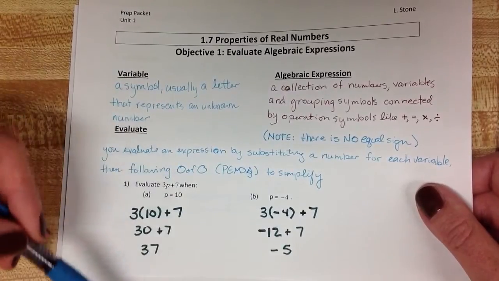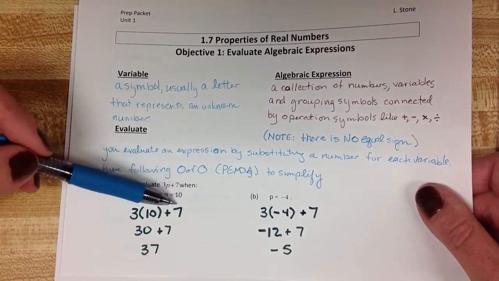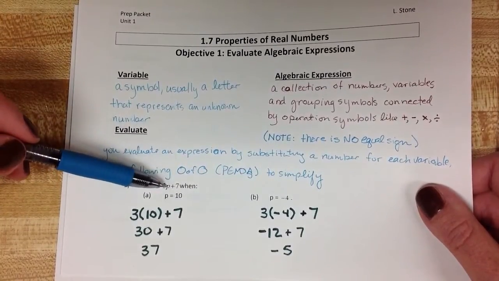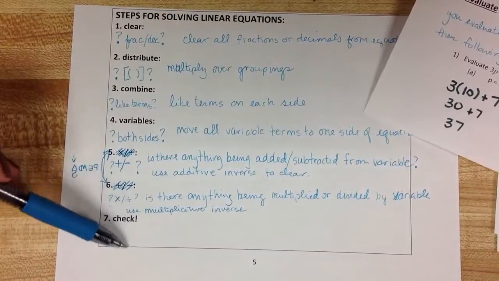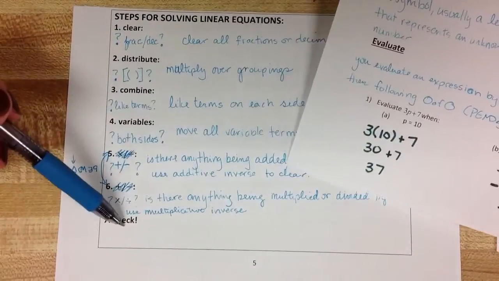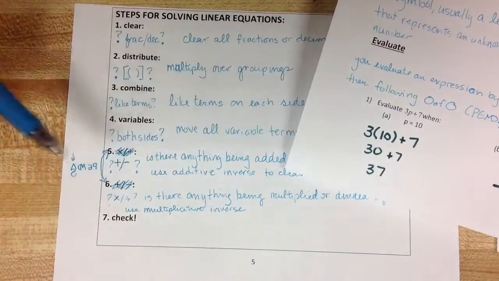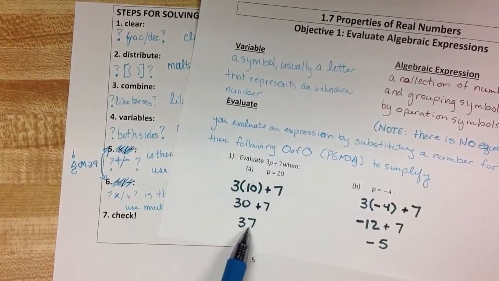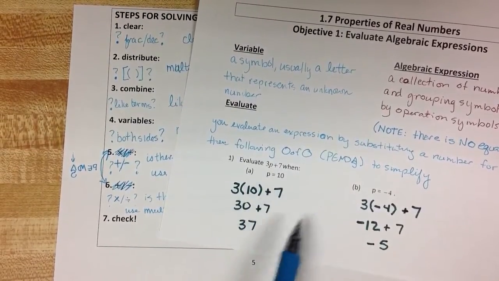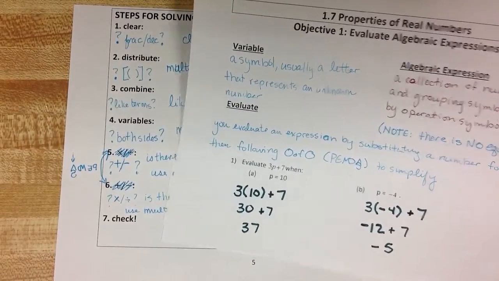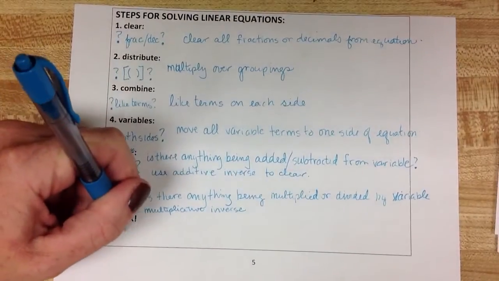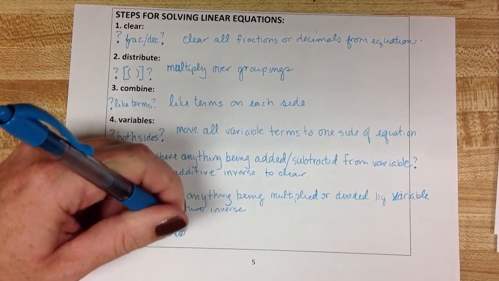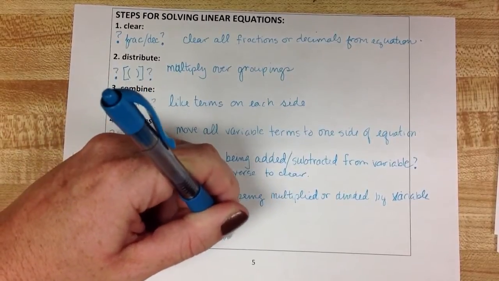You're going to be figuring out what the p value is, and then when you get this value, I want you to put it back into your original equation and check to make sure that when you solved the expression on the left for that value and the expression on the right for that same value, do they in fact come out to be equal? Is the left side of your equation equal to 37, and is the right side of your equation equal to 37? So you always want to check your answer by evaluating.